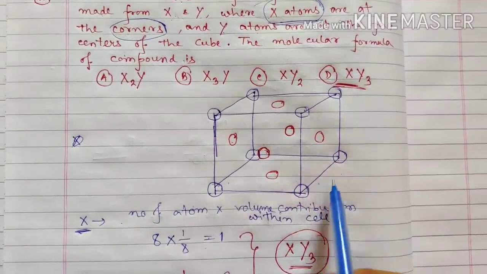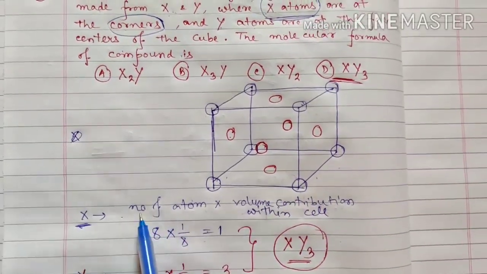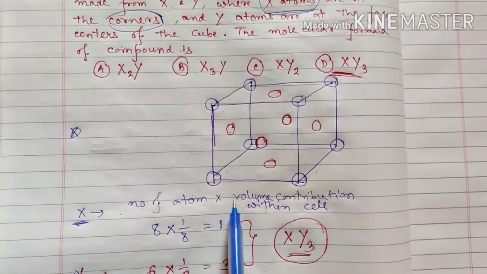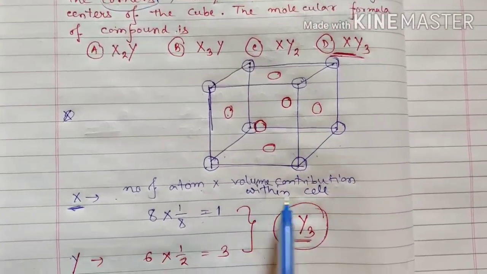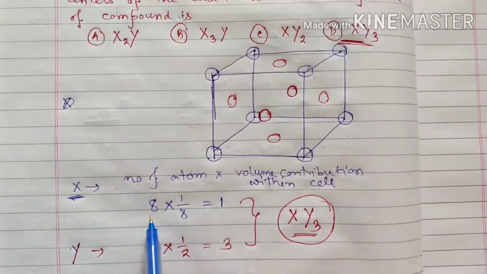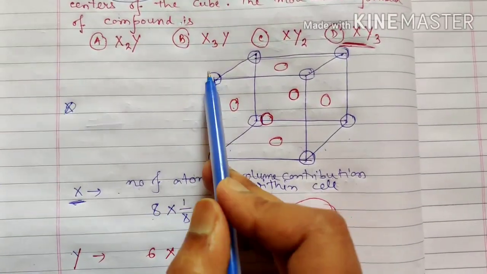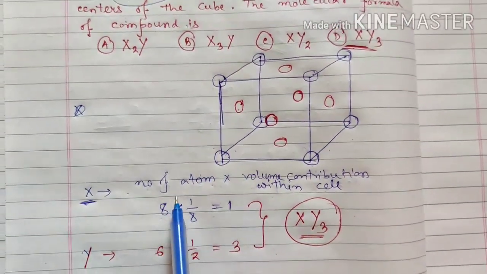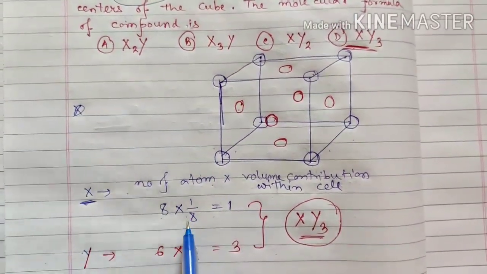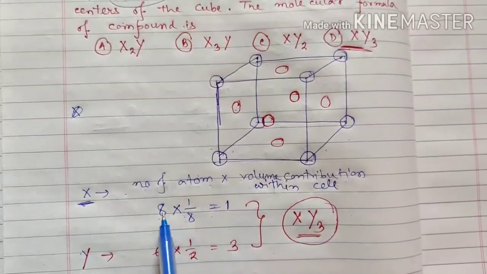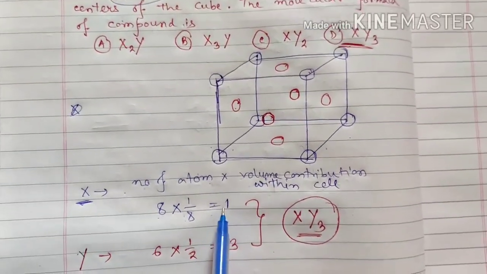There are 8 corners. I have written number of atom into the volume contribution within cell. So here you see number of atom. There are 8 atoms, and we know for corner atoms its contribution within the unit cell is 1 by 8. So 8 into 1 by 8 gives rise to 1.